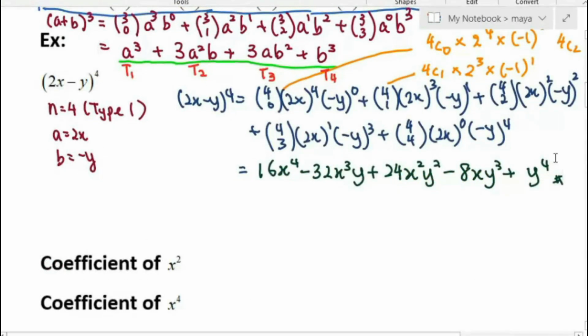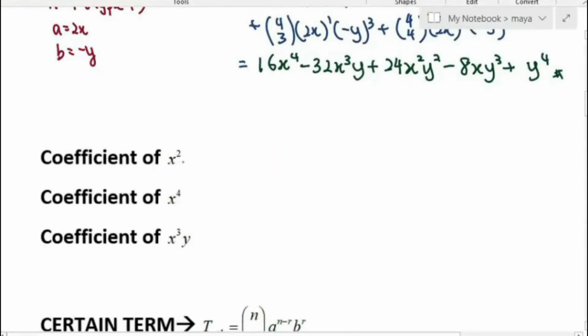Okay, so with this expansion, what is the coefficient of x squared? So you find what's x squared. X squared is this. So the coefficient is 24 y power of 2. So for this expansion, again, I can remind you this is our first term, this is our second term, this is our third term, this is our fourth term, and this is our fifth term.